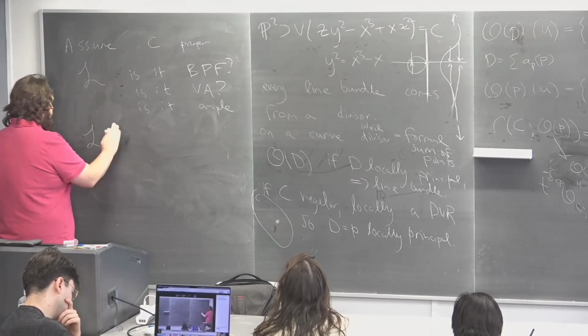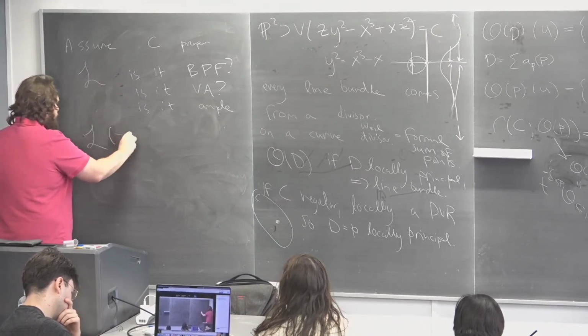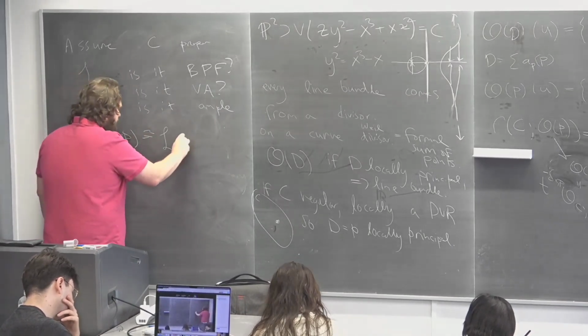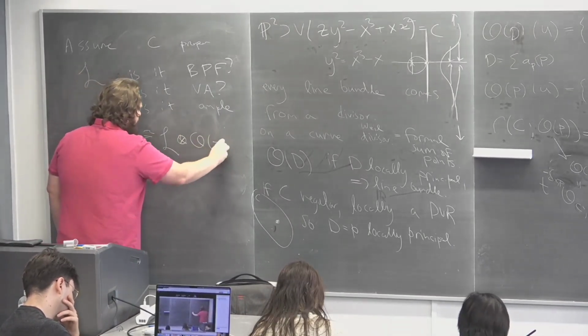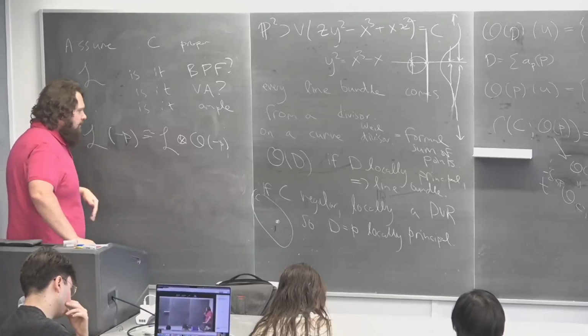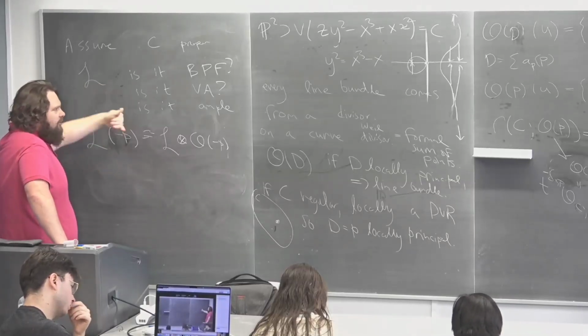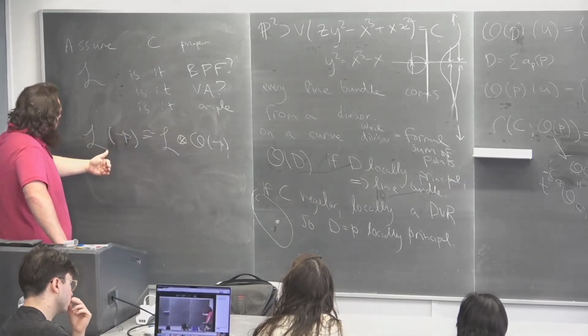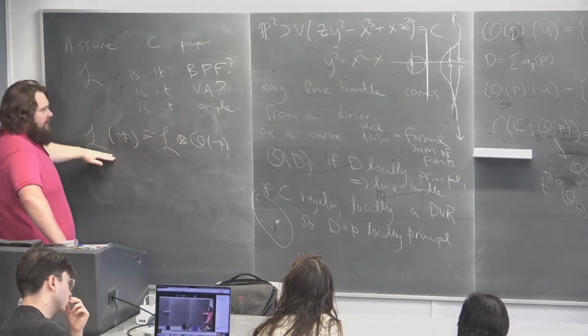And so if I take L minus P, that by definition is L tensored with O of minus P. So I'm forcing my sections to vanish to one more degree at this point. Then I should lose sections.